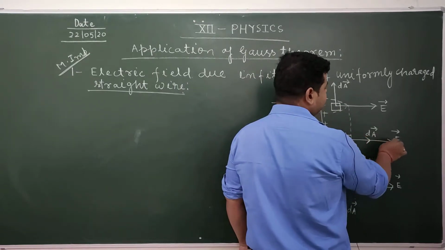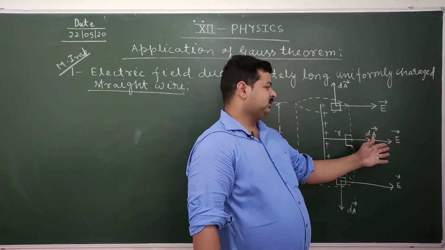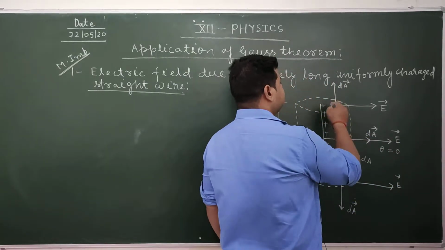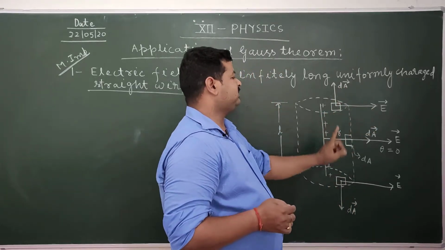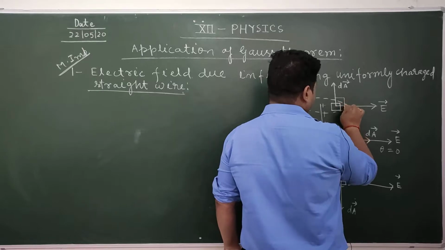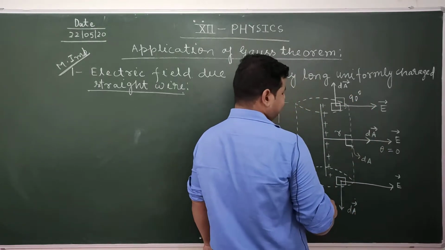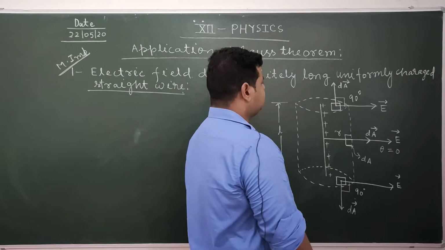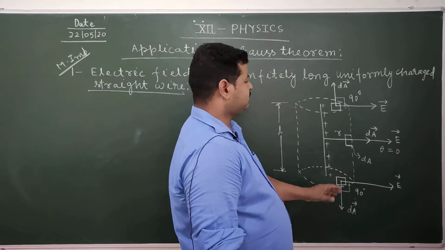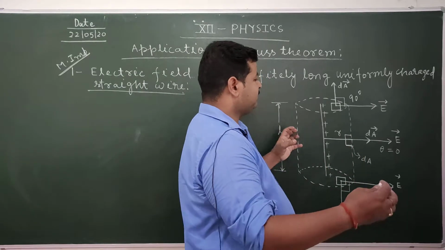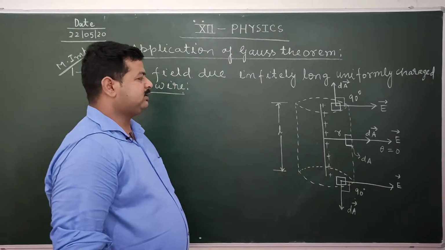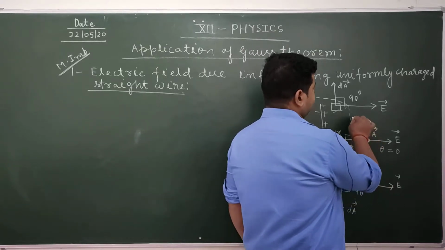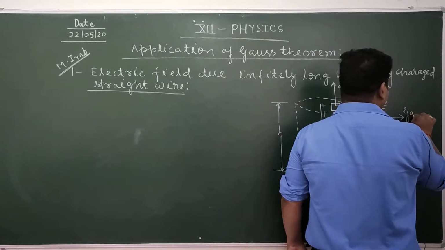Since the direction of electric field and area vector are the same on the curved surface, the angle between them is 0, and on the circular surfaces the angle between electric field and area vector is 90 degrees, again 90 degrees. So one by one we calculate the electric flux from these three parts and add them to get the net, total flux linked with the closed surface, which is also known as the Gaussian surface.